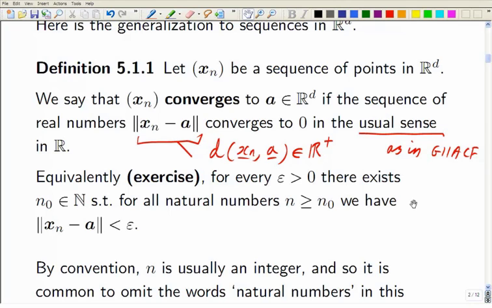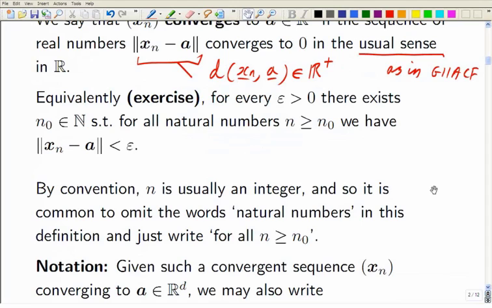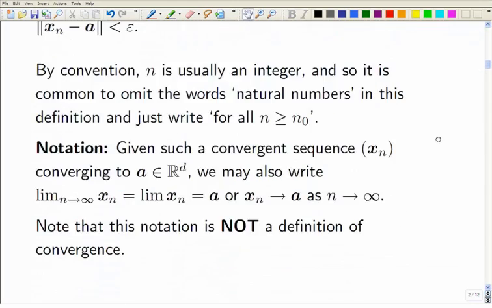So that's an epsilon n definition. Notice, we usually use little n to be an integer, and so you can abbreviate some of that and just say, for all little n greater than n naught. That's just a mathematical convention that it's understood that you mean integers in that setting.